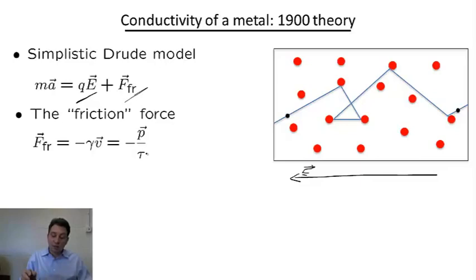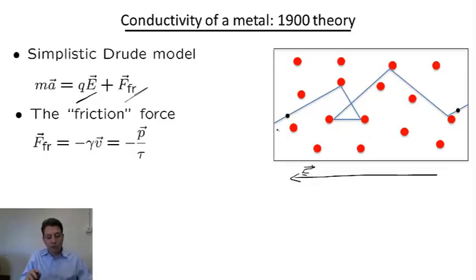In some sense, you may think about this tau as the typical time between collisions for the electron. But in the Drude model, it was just a phenomenological parameter that described friction or momentum relaxation of this electron.